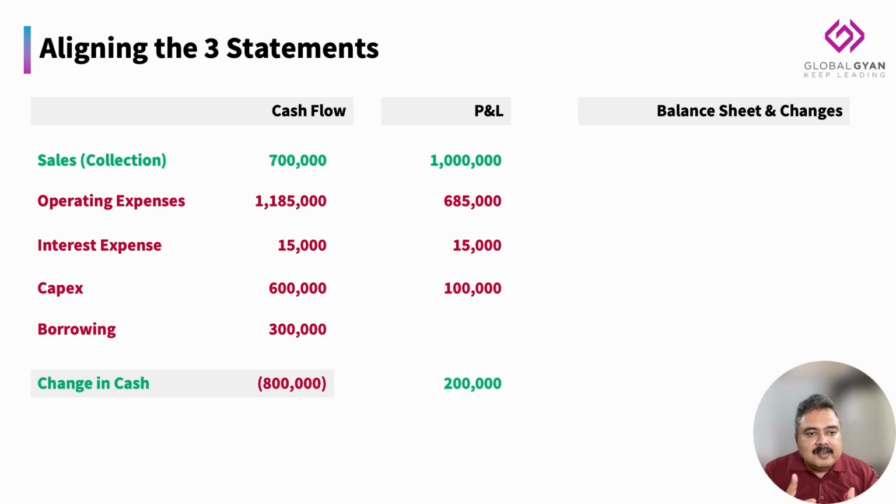So if you want to understand the difference between the sales number from a cash flow and what is presented in the P&L, I look at receivables. I find that my receivables have gone up from 1.2 million to 1.5. So at the beginning of the month, I had 1.2 million of receivables. During this month, I sent further invoices of 1 million to my customers, or I sold another 1 million. So that's 2.2 million. But at the end of the month, I have 1.5, which means that I collected 700,000.